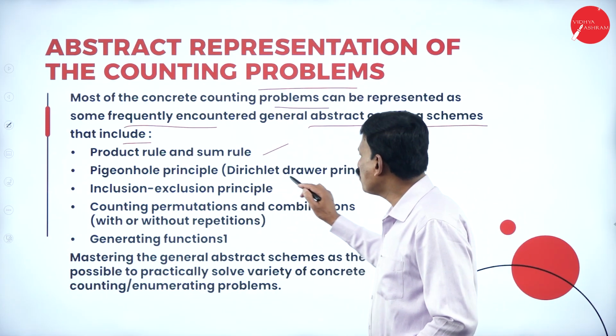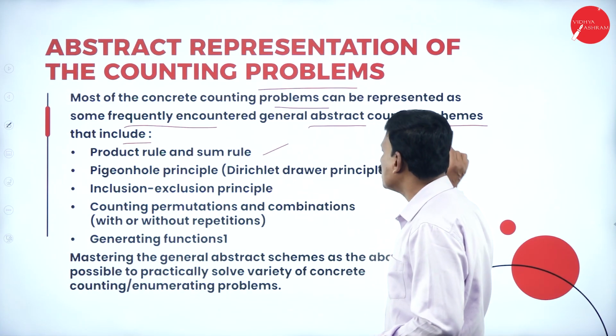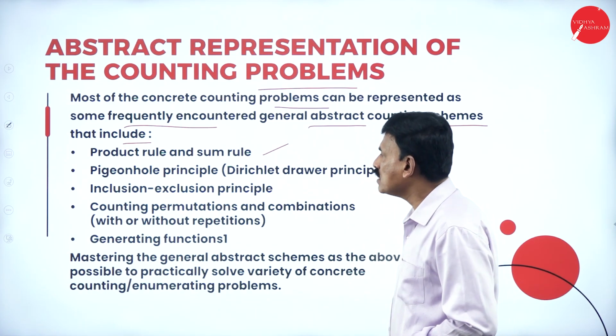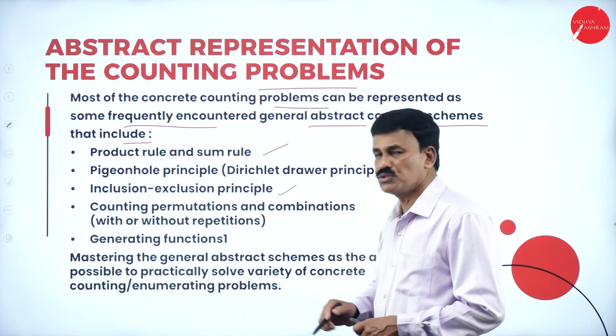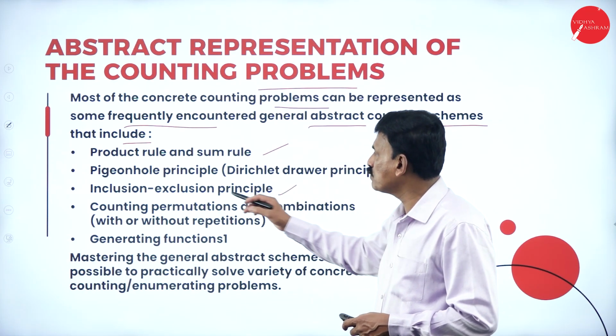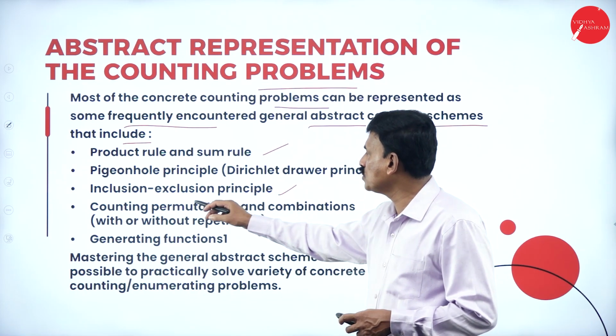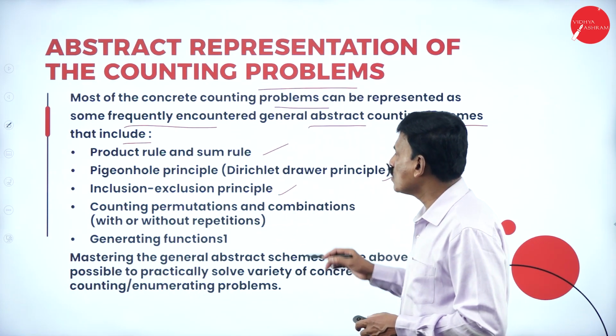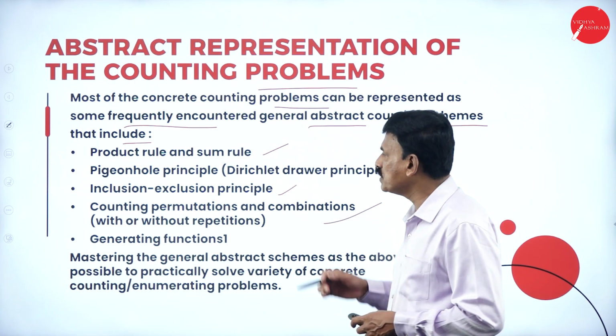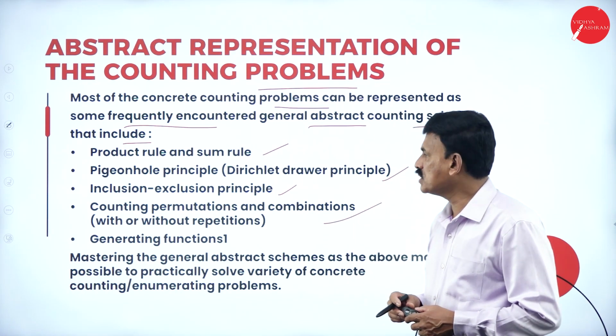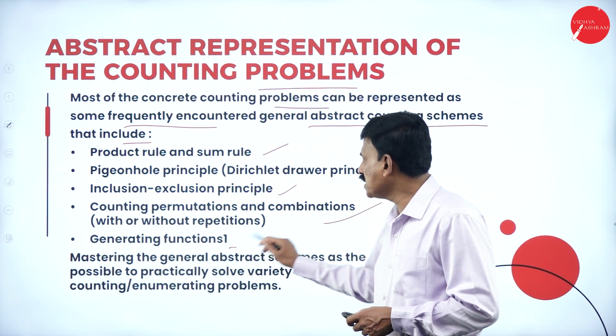Then very important is the pigeonhole principle and the inclusion and exclusion principle. We are using the concepts in the product rule as well as the sum rule. Then the pigeonhole principle, inclusion and exclusion principles, counting permutations and combinations, that is without repetition or with repetition, and generating functions.